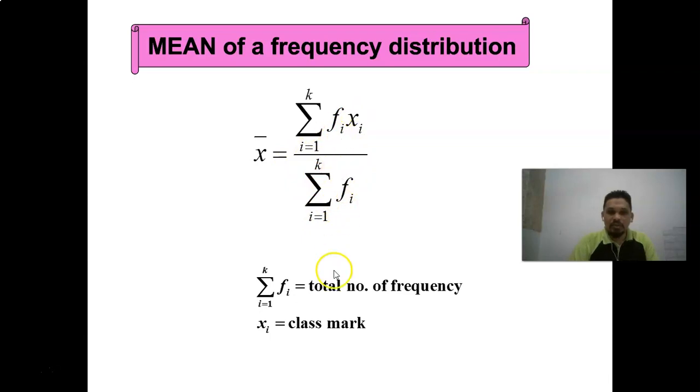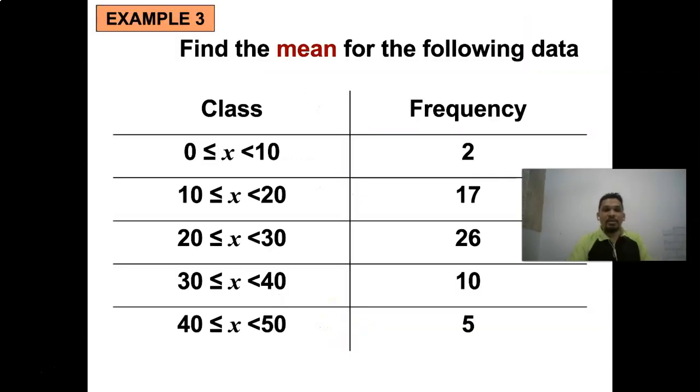So f is the frequency and x is the class mark. Okay, so this is it. The total of the frequency is all here, and the frequency within each class.